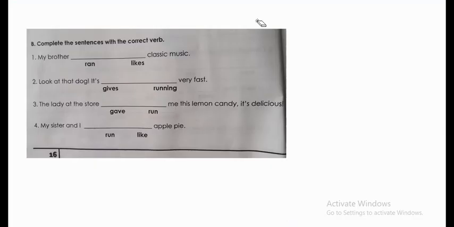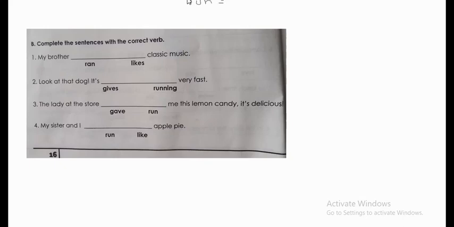Okay, now we are going to practice with the verbs. What we have to do here is to complete each sentence using the right verb tense, okay? So the verbs that we have been studying during this week are run, okay?